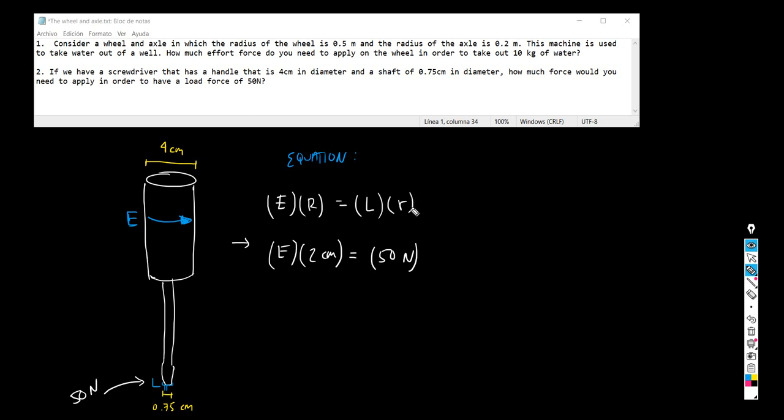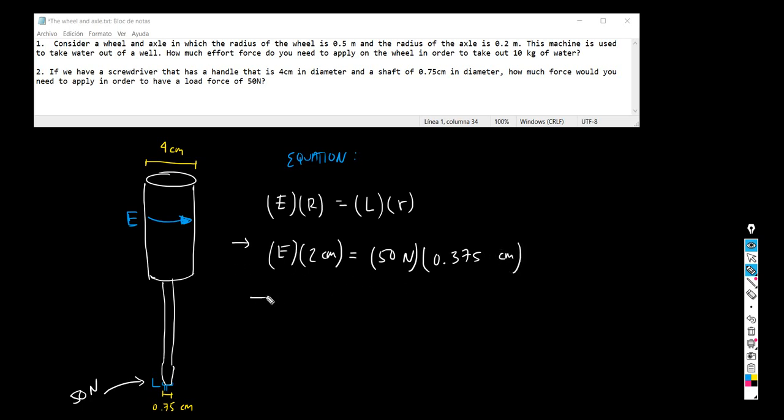And the radius of the axle, once again, it's not this value, guys. It's half of this value, because this is the diameter of this axle. So let's divide 0.75 over 2, and you'll get 0.375 centimeters. So that's it.